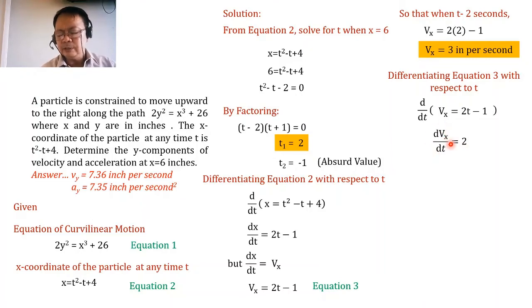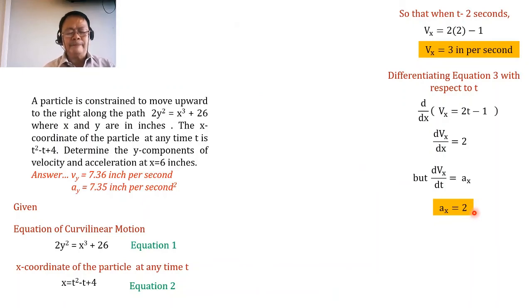But this dvx over dt is actually the x component of the acceleration. Hence, the x component of the acceleration is equal to 2 inches per second squared.